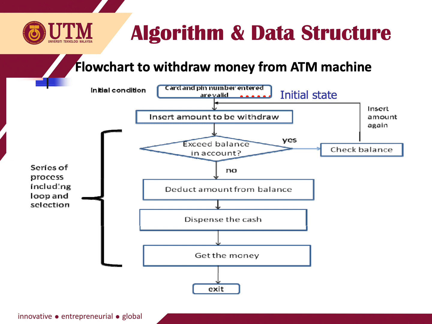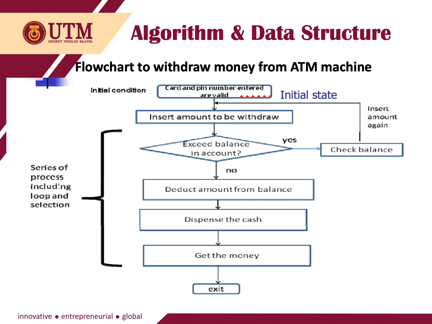So here I have an example flowchart to withdraw money from an ATM machine. Basically these are the sequential processes. You can see here a series of processes including loop and selection. Here is the initial state, meaning the card and PIN number entered are valid. So we assume that the customer already inserted the card and the PIN number is valid.